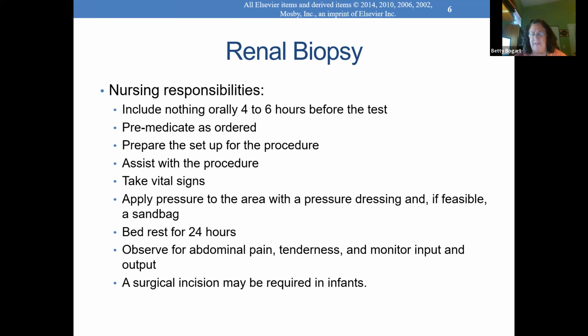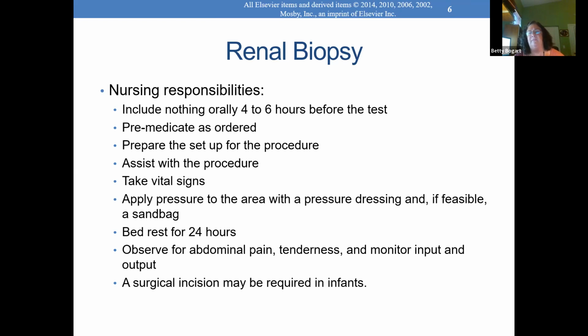So renal biopsies are done, and these are done for those children with chronic infections where we don't know what's going on. So if they are constantly treating, they might opt to do this biopsy. Now, renal biopsies do hurt, and we need to be honest with our children, but these children are medicated.